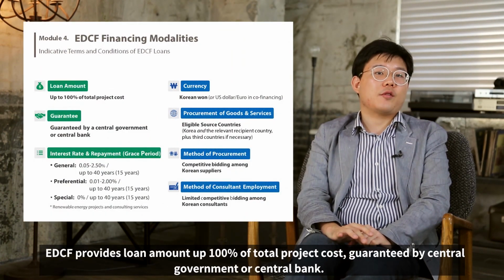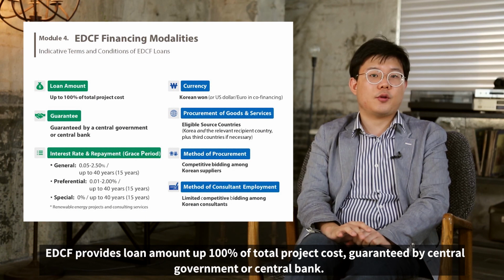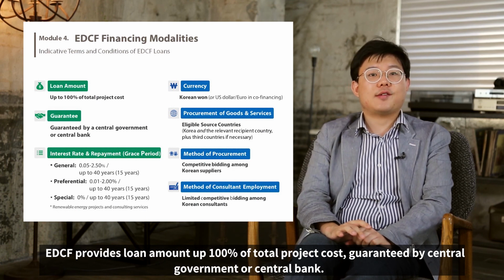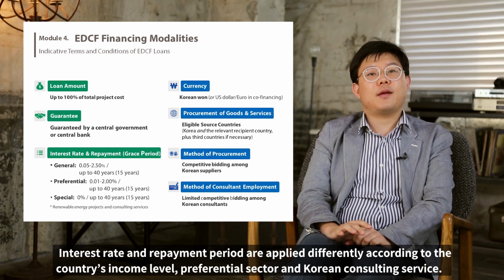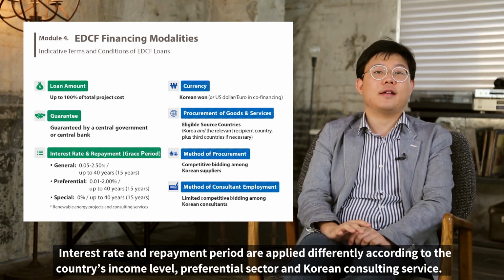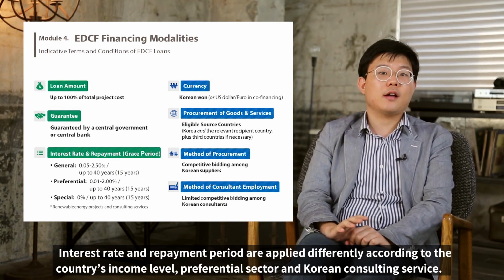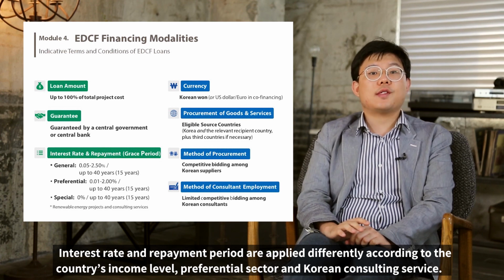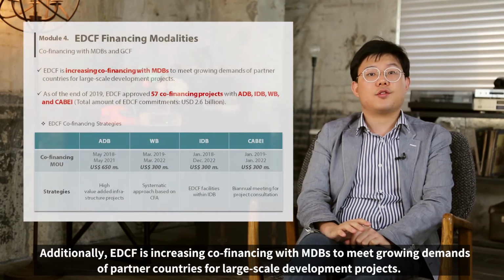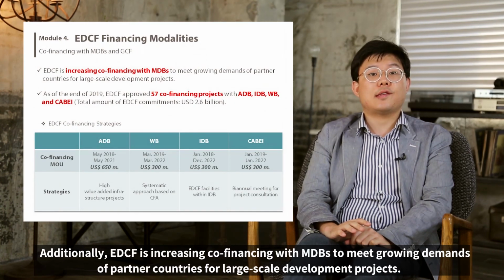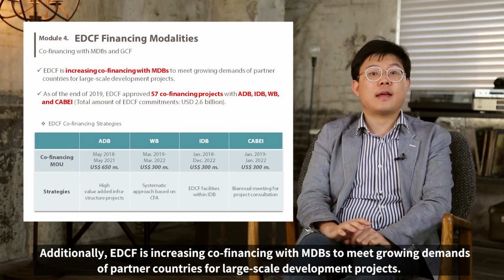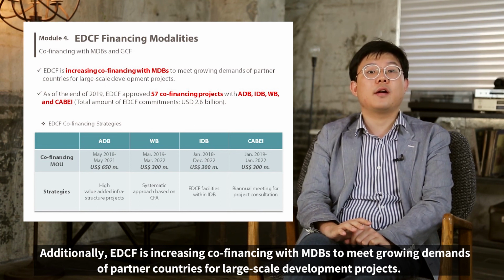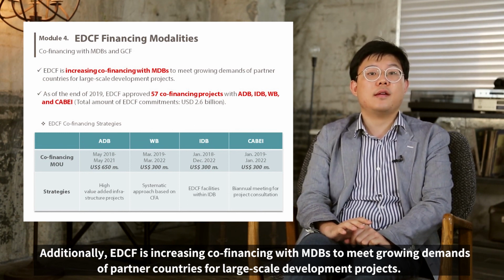EDCF provides loan amount up to 100% of total project cost, guaranteed by central government or central bank. Interest rate and repayment period are applied differently according to the country's income level, preferential sector, or Korean consulting service. Additionally, EDCF is increasing co-financing with MDBs to meet growing demands of partner countries for large-scale development projects.